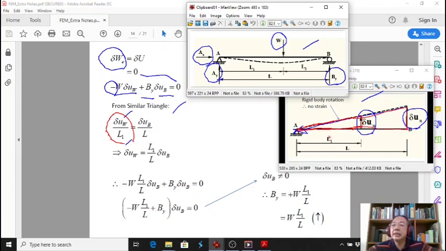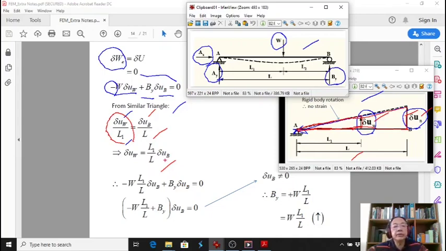From the big triangle, this is virtual UP per L. So from here we found that virtual UW is equal to L1 per L times virtual UP.